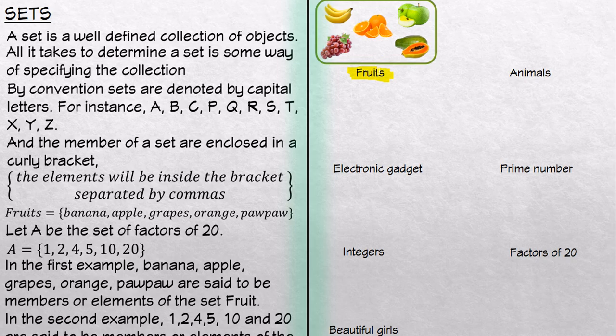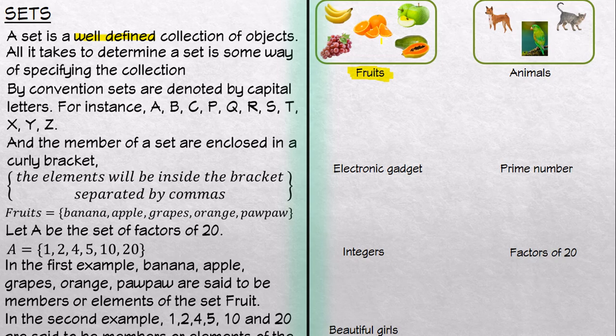So if I am labeling this set as the set of fruits, then I am not supposed to find a mobile phone in there. All the elements contained inside this container are fruits. So that is what I mean by a well-defined collection of objects. We have defined the collection as fruits, so anything found in this set is supposed to be a fruit.